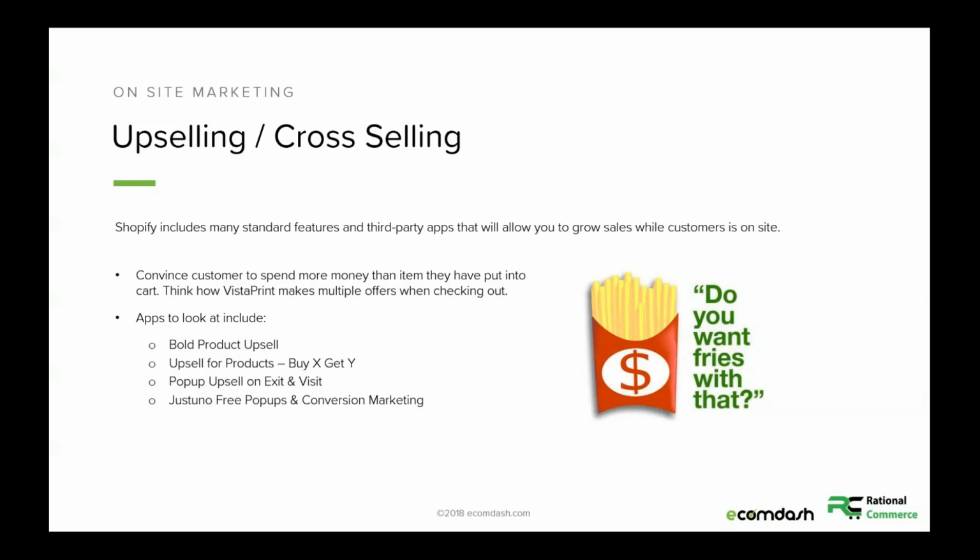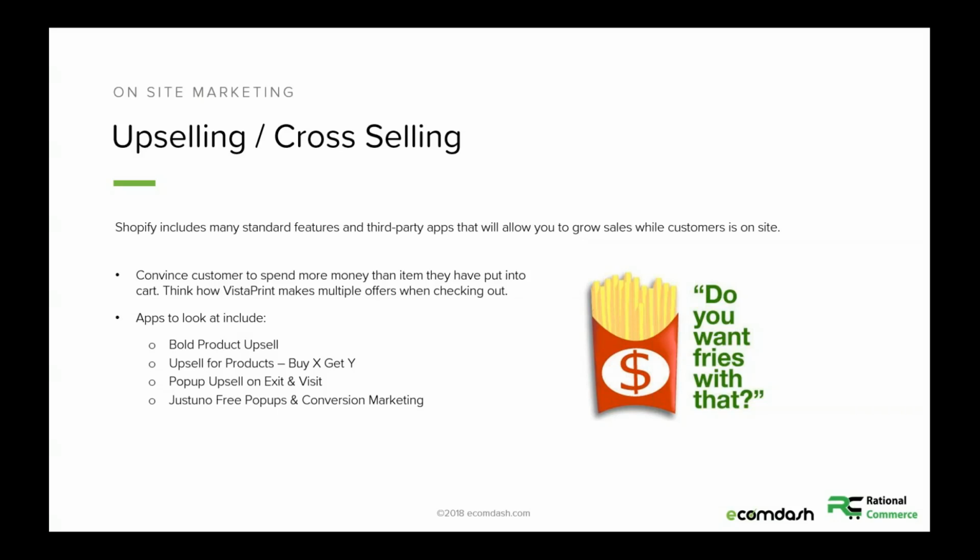Now, from your site itself, we're going to talk about on-site marketing, upselling and cross-selling. Here's the example: do you want fries with that hamburger? Maybe a lot of people here have used Vistaprint, and you can't get through the checkout without seeing multiple cross-selling, upselling offers. Get business cards, get magnets, get cups, whatever that have your logo on it.